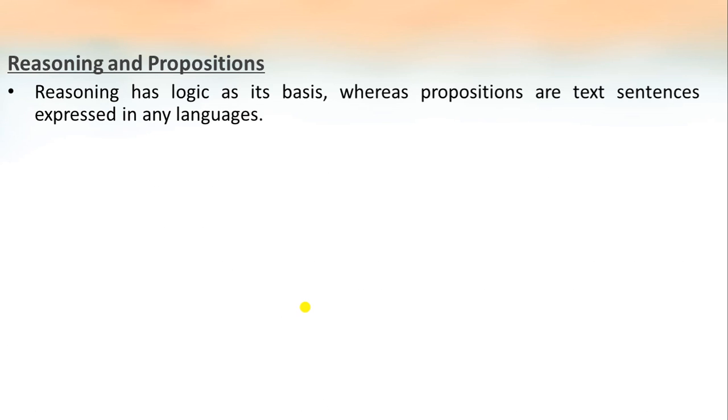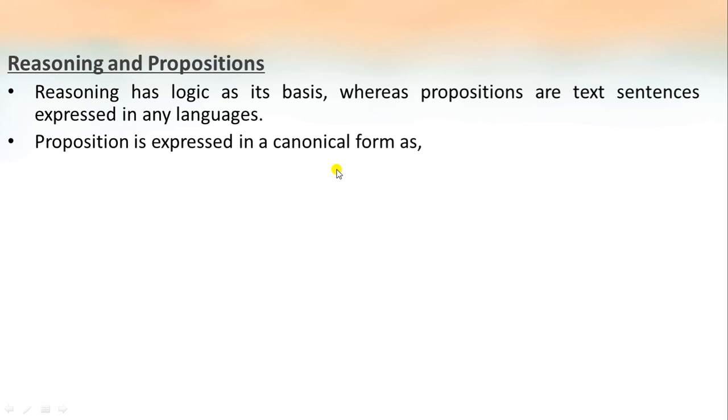Now let us see about reasoning and proposition. Reasoning will have a logic, and that logic is the basis of reasoning. But proposition means it is a simple text sentence in any of the languages. And this proposition is expressed in canonical form as Z is P, where Z is a subject and P is the predicate.